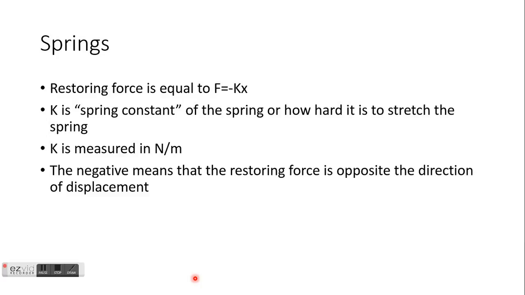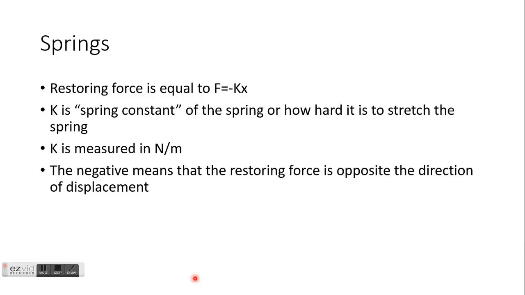So springs. You'll see them pretty often. They're pretty nice examples of simple harmonic motion. The restoring force, which is what we're focusing on this lesson, is F equals negative k times x. k is the spring constant of the spring, so it's like how hard is it to stretch out this spring.